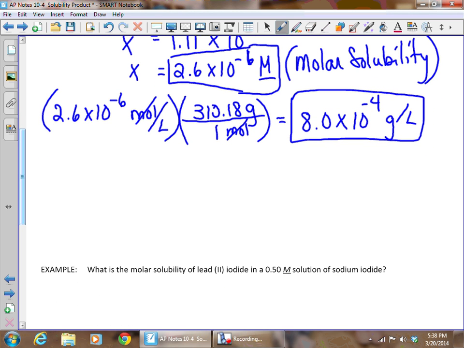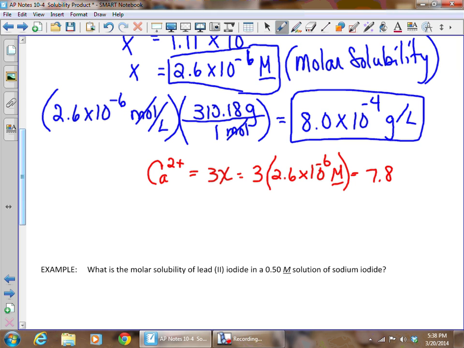In addition, it asked us to find the concentration of each ion in solution. Recall that the calcium ion was given the relationship of 3x in our last equation. So taking 3 times our molar solubility of 2.6 times 10 to the minus 6, we end up with a concentration of 7.8 times 10 to the minus 6 molar for our calcium ion.